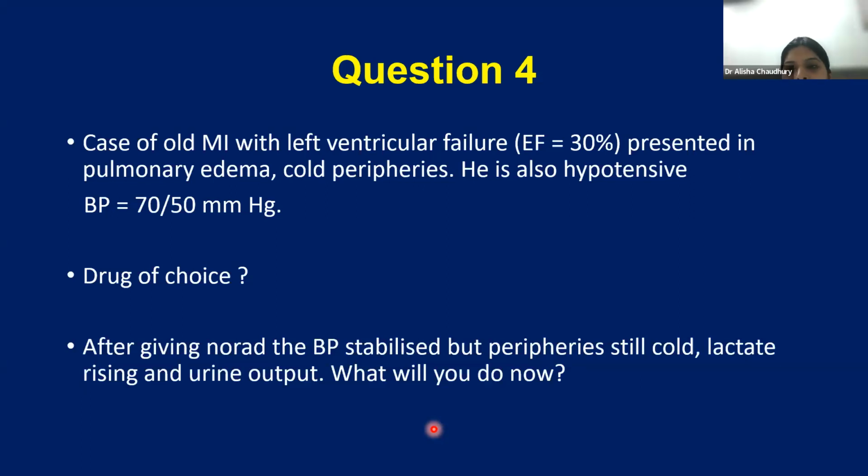What would that drug be? So yeah, in cardiogenic shock, dobutamine. NORAD along with dobutamine is what you would prefer once the BP improves.